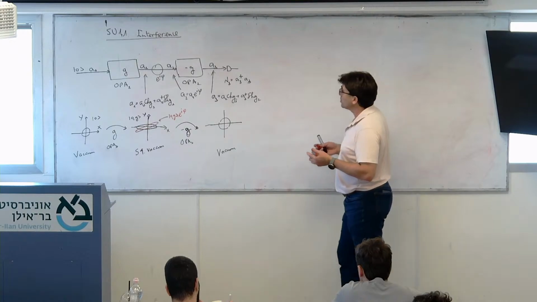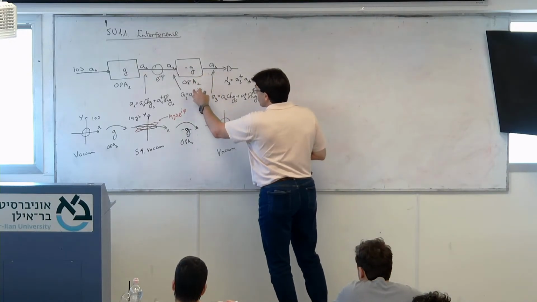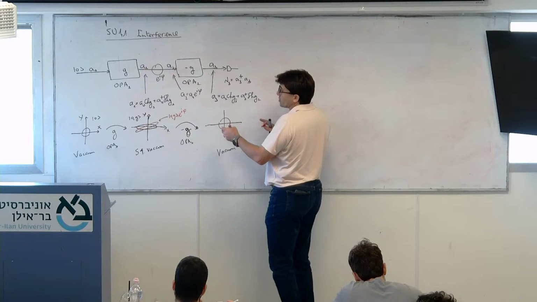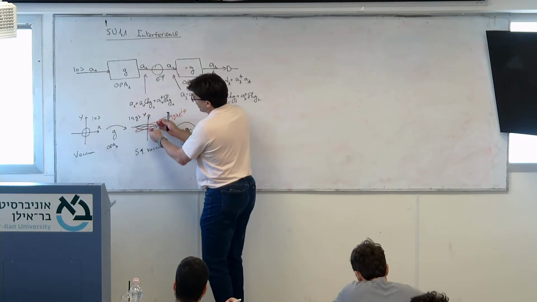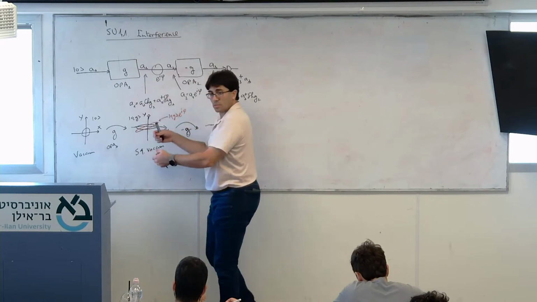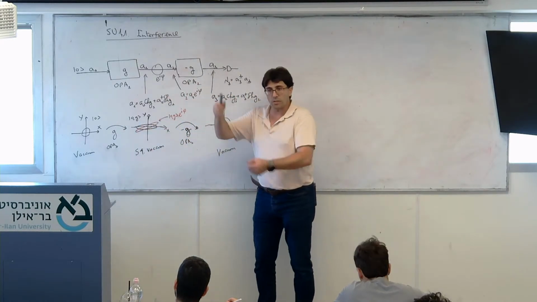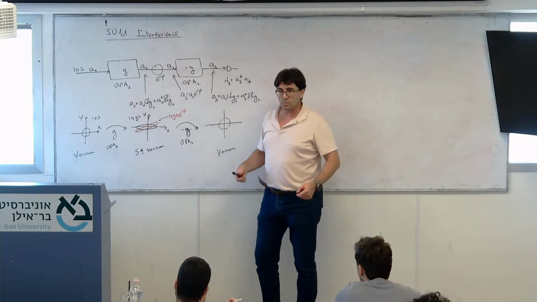And then when we operate with this one, so we anti-squeeze, we will indeed reduce this back to vacuum, but this extra in the other quadrature will be stretched a lot.